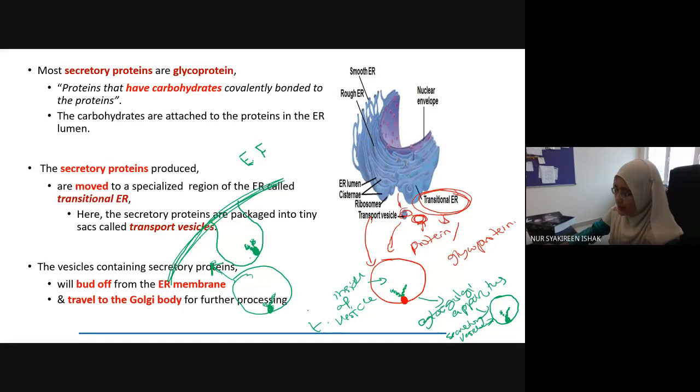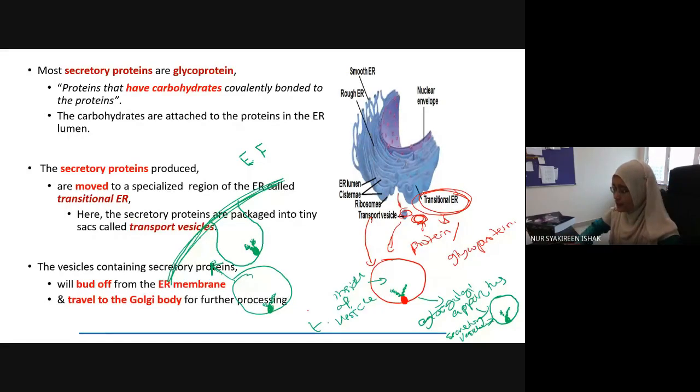Okay, so now the glycoprotein will serve as for example identification tag for the cell. So identification tag tu maksudnya dia akan membezakan, sel ni adalah berbeza dengan sel yang ini. Macam contohnya dia become antigen lah. Macam contohnya kalau red blood cells, it becomes the antigen. Okay, for example.